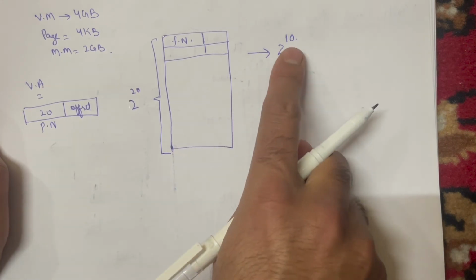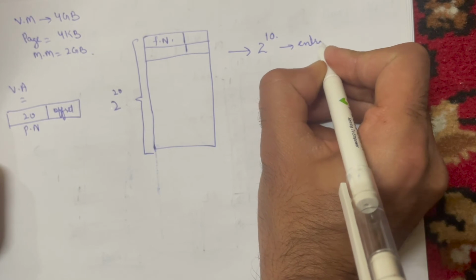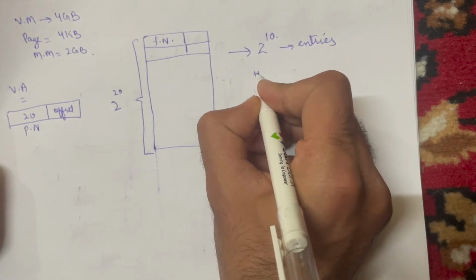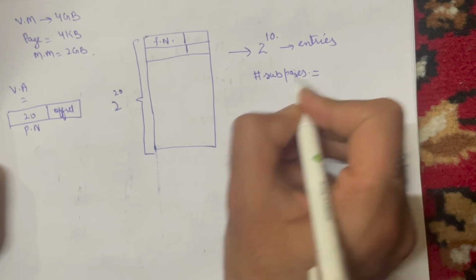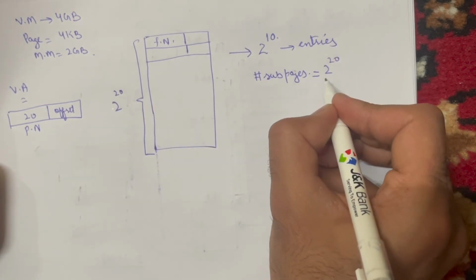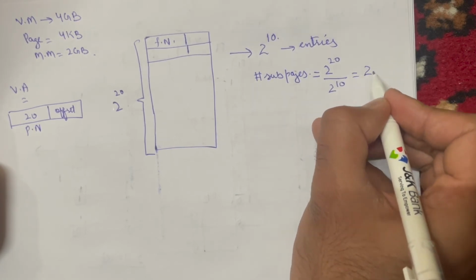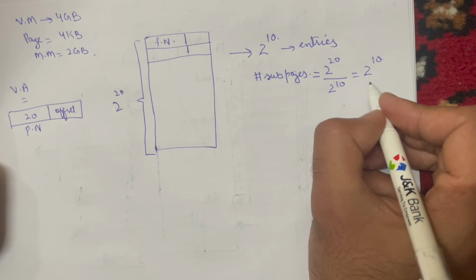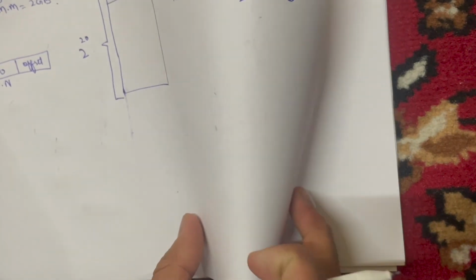So how many sub pages? Total entries were 2 raised power 20, and each sub page contains 2 raised power 10, so there will be a total of 2 raised power 10 sub pages.